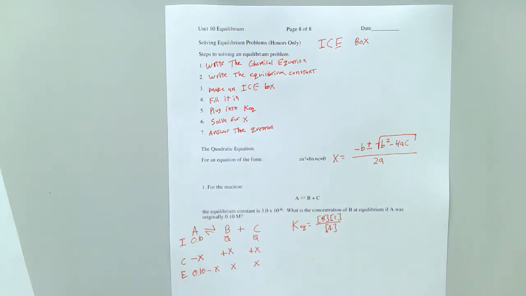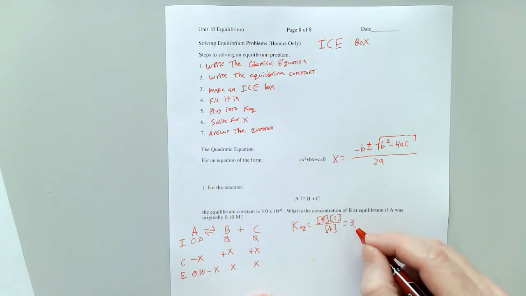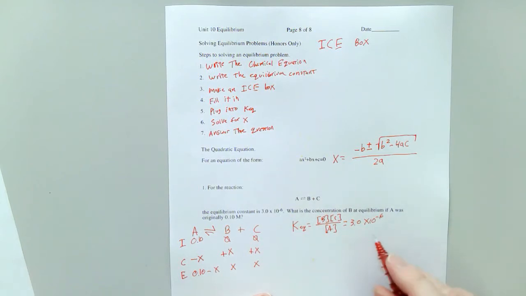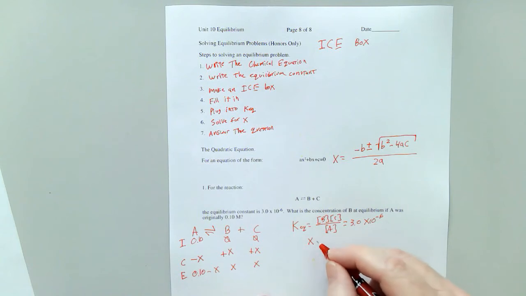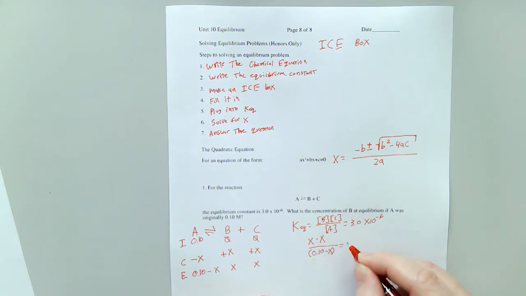All right. So now, let's do some math. Let's plug in here. I know that KEQ equals 3.0 times 10 to the negative 6. That's a given. That's a very small number, which means I don't have very much B or C. The amount of B I have is X times the amount of C, which is X, divided by 0.10 minus X, and that equals 3.0 times 10 to the negative 6th. Okay.